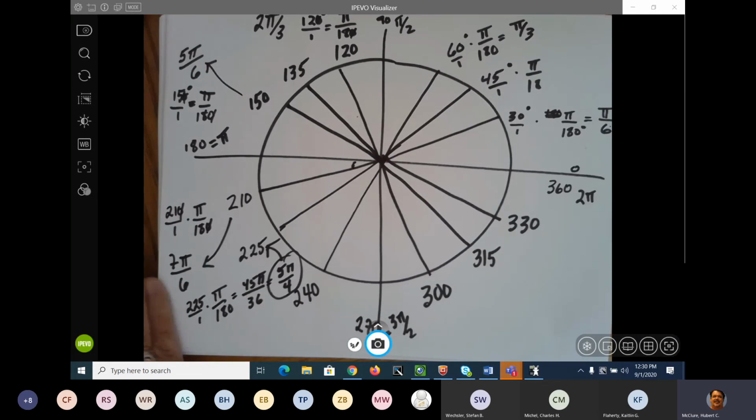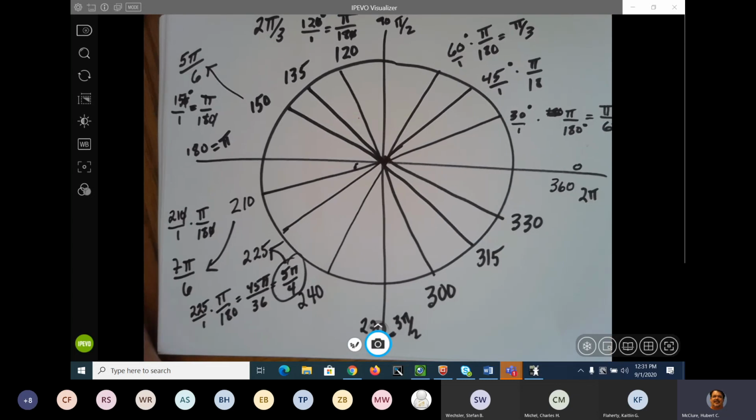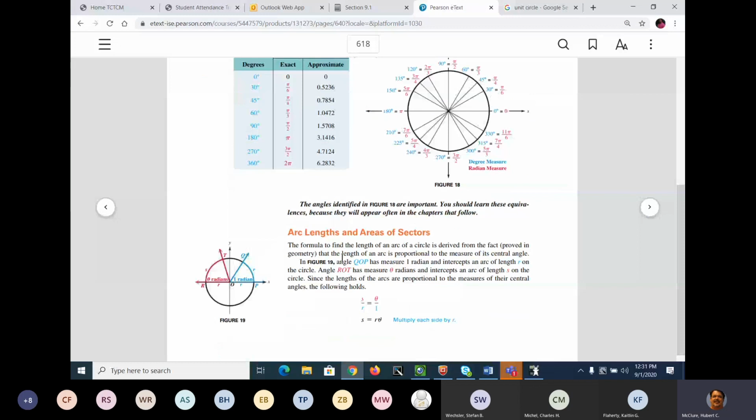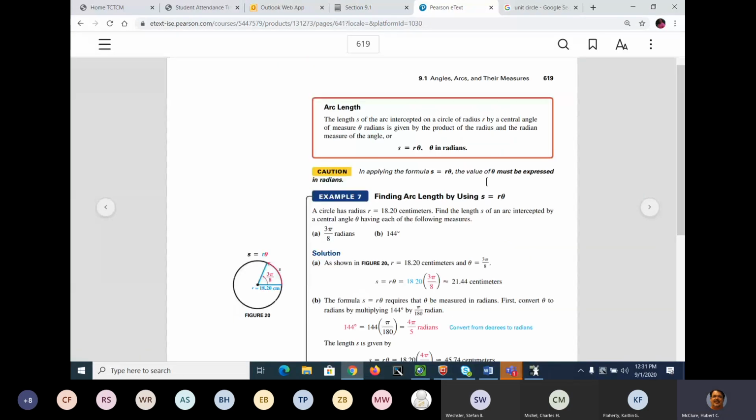All right, so let me get the roll and make sure. Area and length. Okay, they make this first section so long. Arc length: S is equal to R times theta.